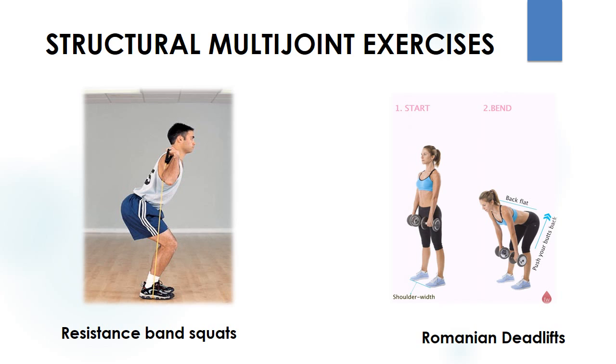With regards to structural and multi-joint exercises, here is an idea of how to implement squats in a way that provides very little loading to the lumbar spine, but does allow the activation of multiple lower extremity joints and also the entirety of the lumbar spine segments.